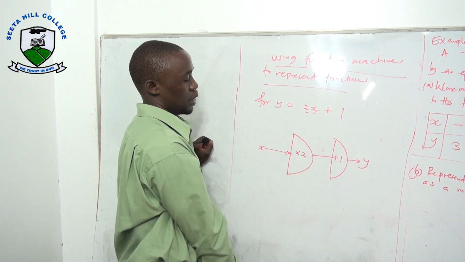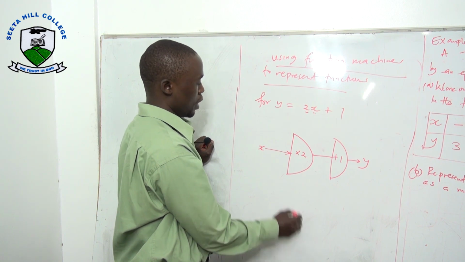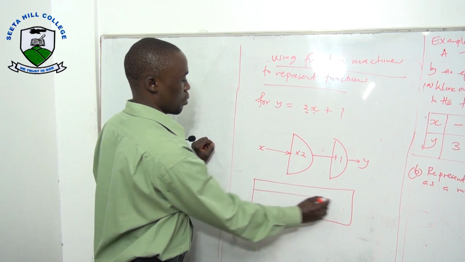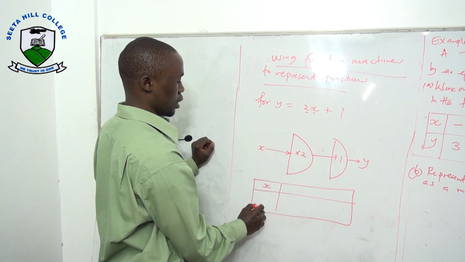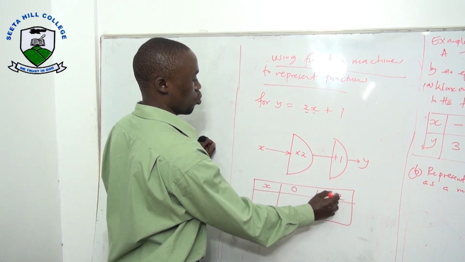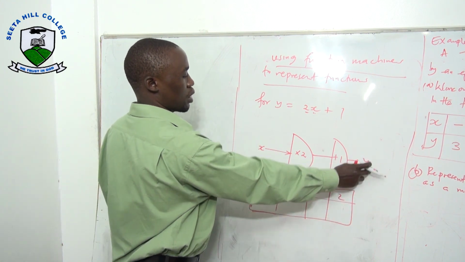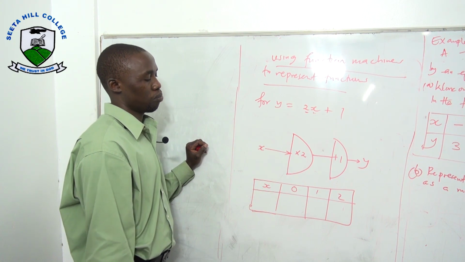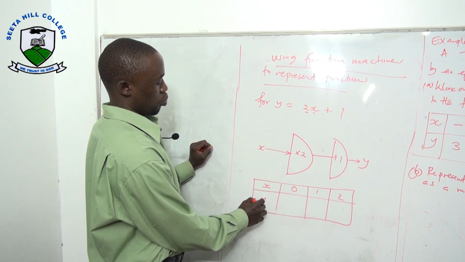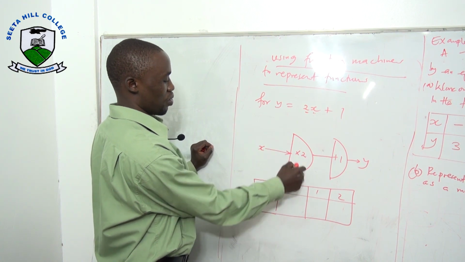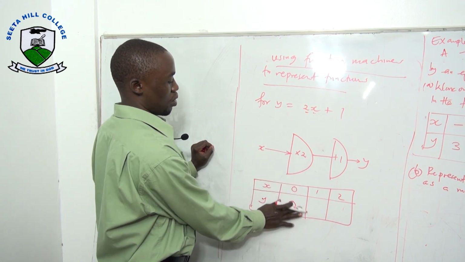That means, if I had some x values, maybe my x 0, 1 and 2, what will my function machine produce? 0 times 2 is 0, plus 1 is 1.